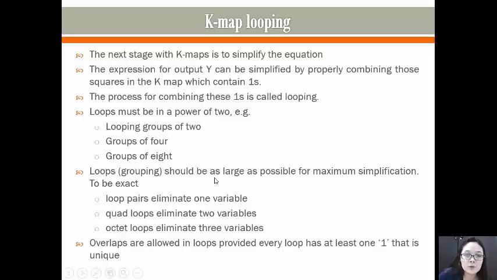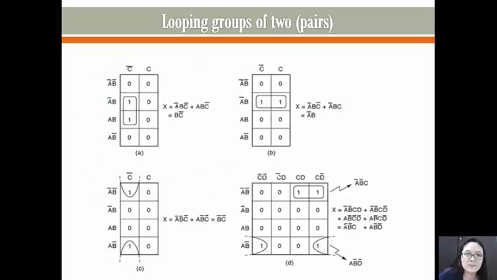Grouping should be as large as possible for maximum simplification. To be exact, loops of pair eliminate 1 variable, quad 2 variables, octet 3 variables. Overlap is allowed in loops, provided every loop has at least one 1 that is unique.